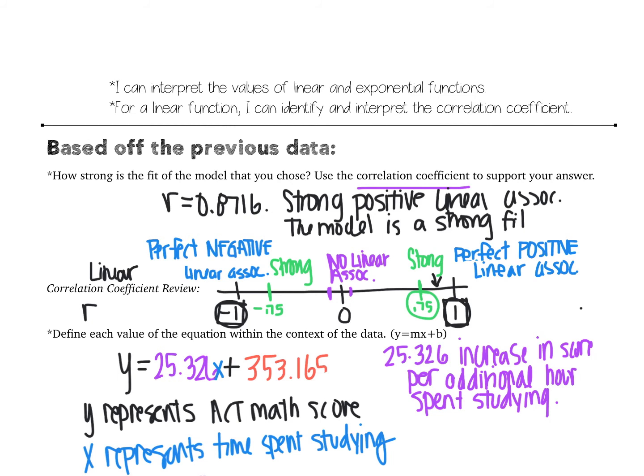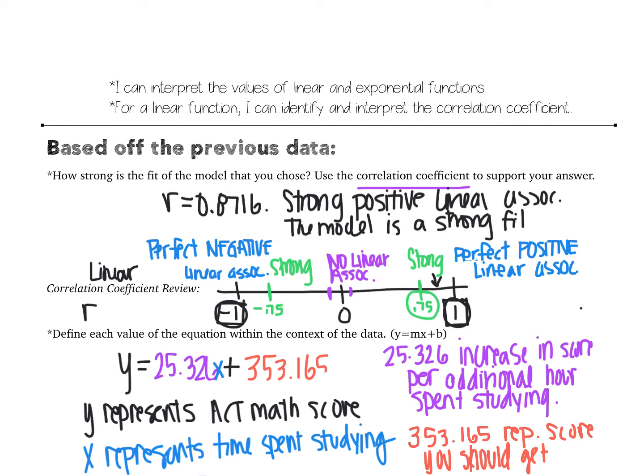And then the last thing is that y-intercept, or that initial value. So the 353.165 represents the score you would get if you don't study.